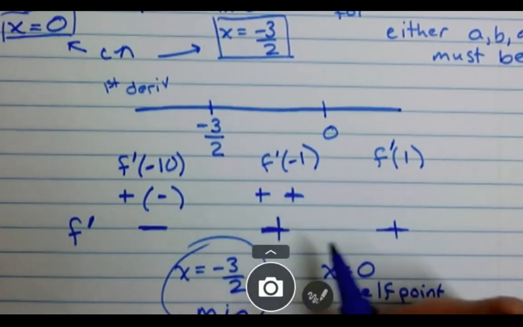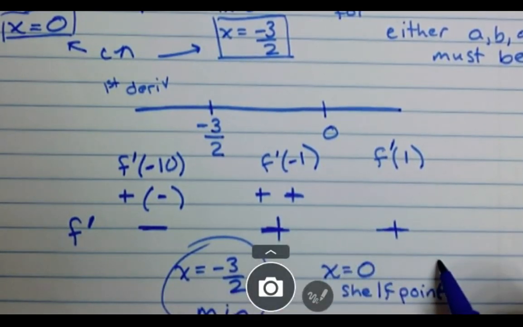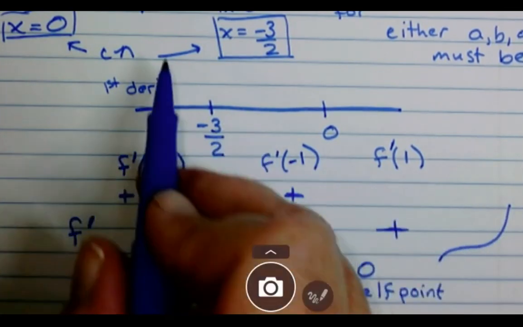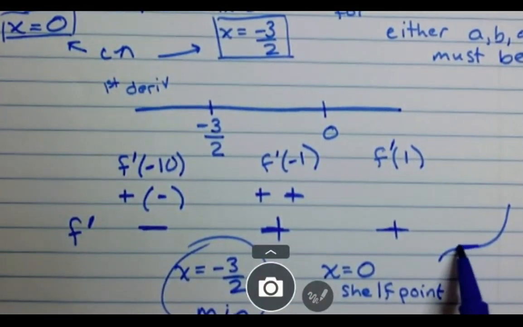Because we can see here that f of x would be increasing, and then it's going to hit 0, and it's still going to be increasing. Okay, but we know because this is a critical number that we have a slope of 0 there.